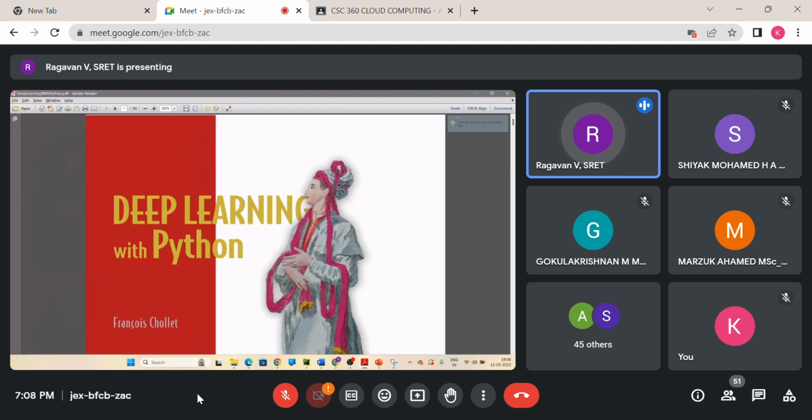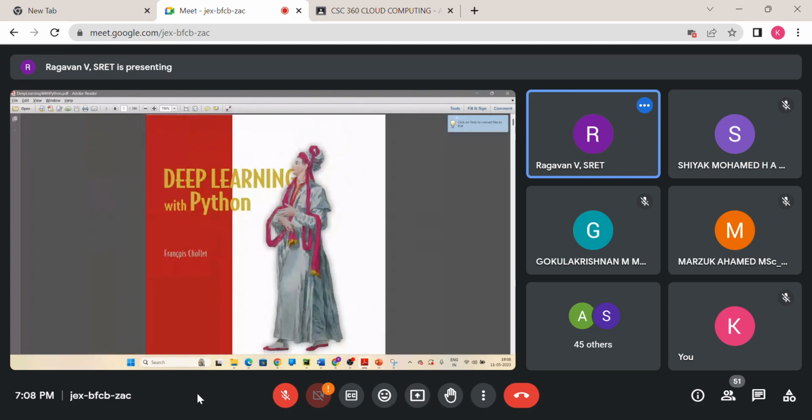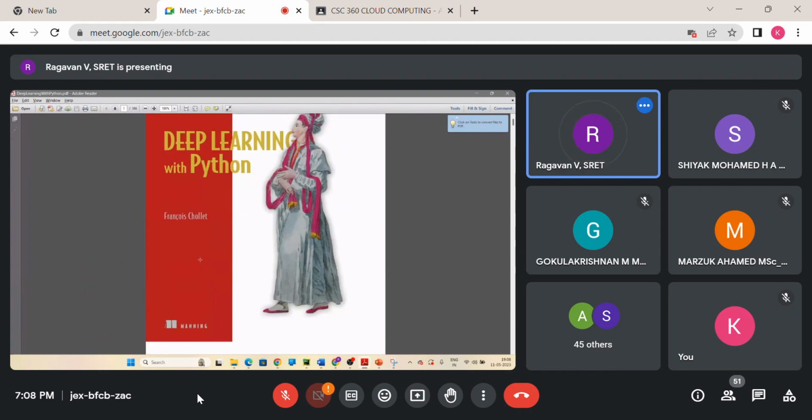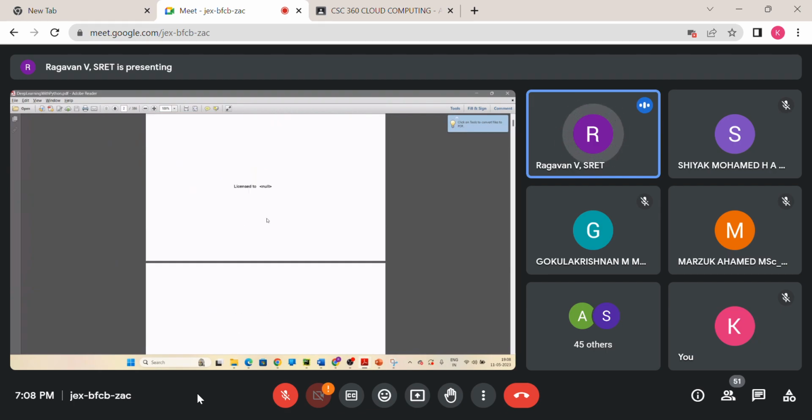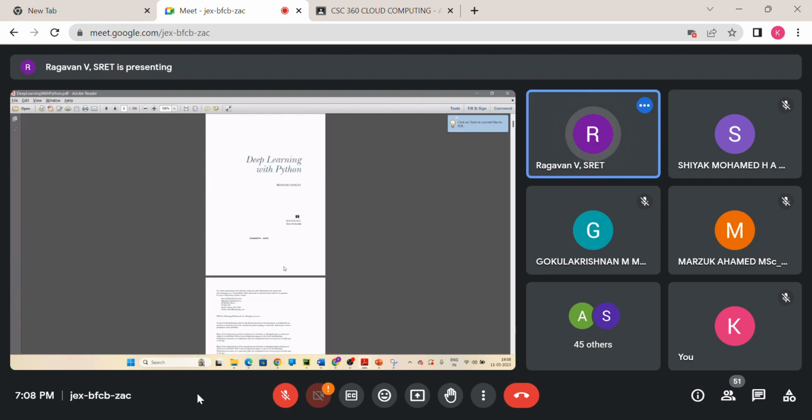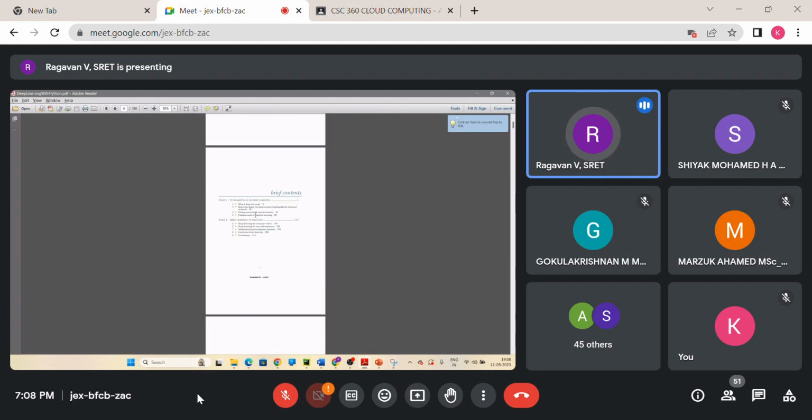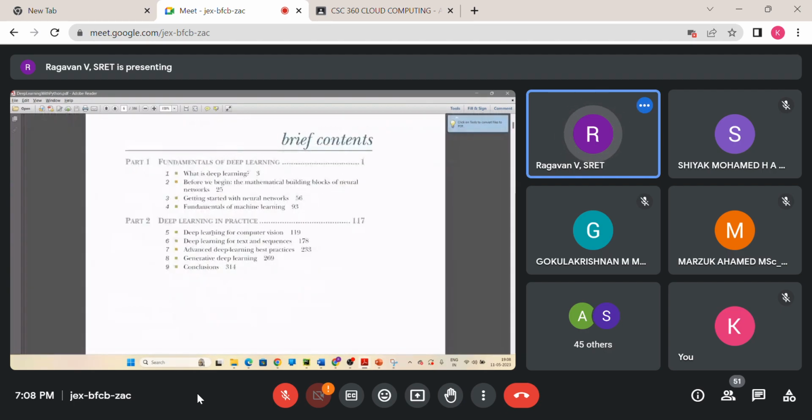So this is the Deep Learning with Python book by Francois Chollet. He is the developer of Keras, and he works on machine learning at Google. This is a good book. You will get a practical understanding of deep learning and neural networks, fundamentals of machine learning, and the difference between machine learning and deep learning.